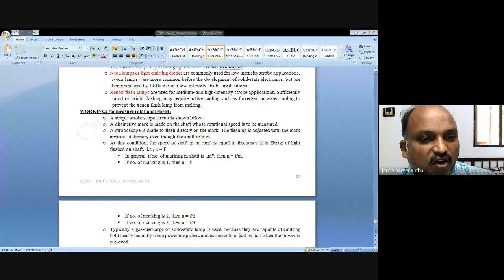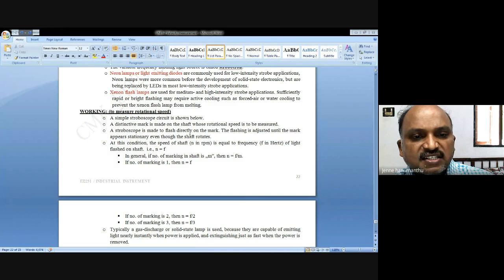See, this is what is happening. A simple stroboscope circuit is shown. A stroboscope is made to flash directly on the mark. The flashing is adjusted until the mark appears stationary, even though the shaft rotates. At this condition, the shaft speed, represented by small n in RPM, is equal to the frequency f of the light flash.